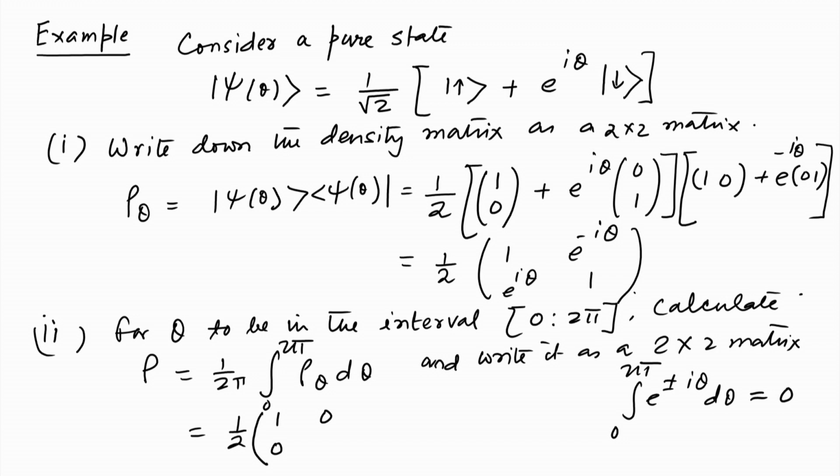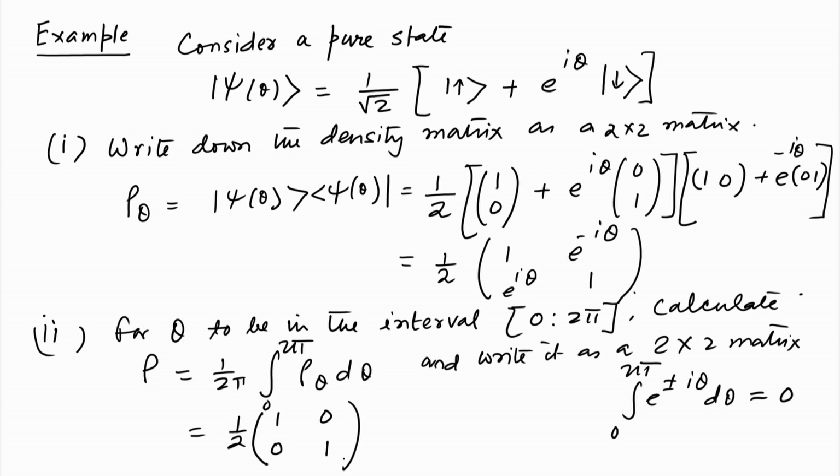At both the limits it is 1. So, that gives me 0, and we get back the density matrix that we have already said, and now the coherence terms go to 0. So, as you integrate over all theta, the coherence vanishes. Basically, the coherence between 0 to pi will cancel with pi to 2 pi. So, that is the kind of understanding that we arrive at.